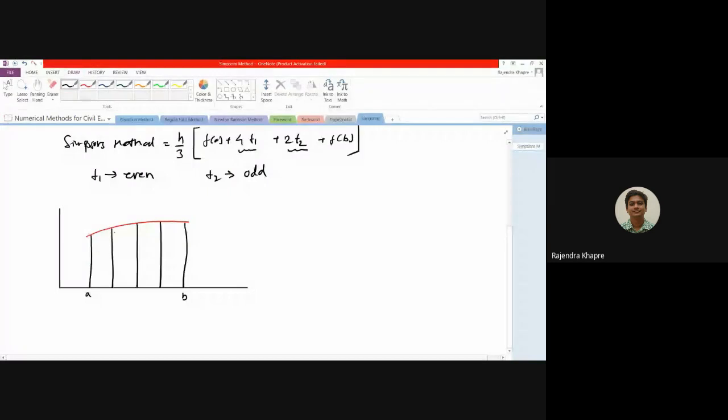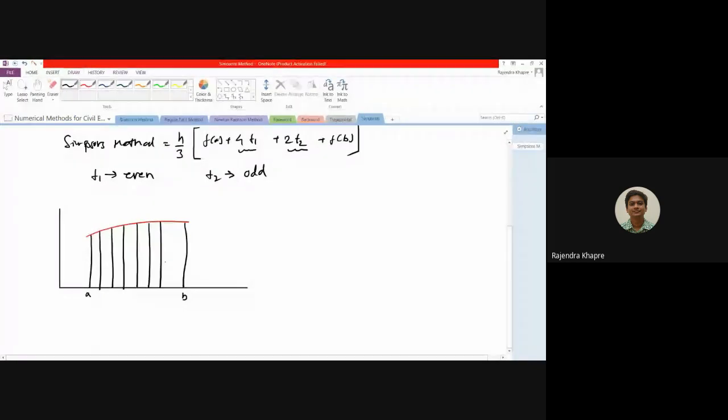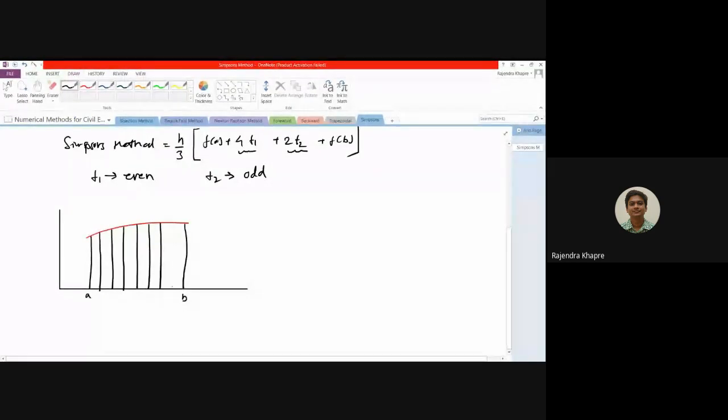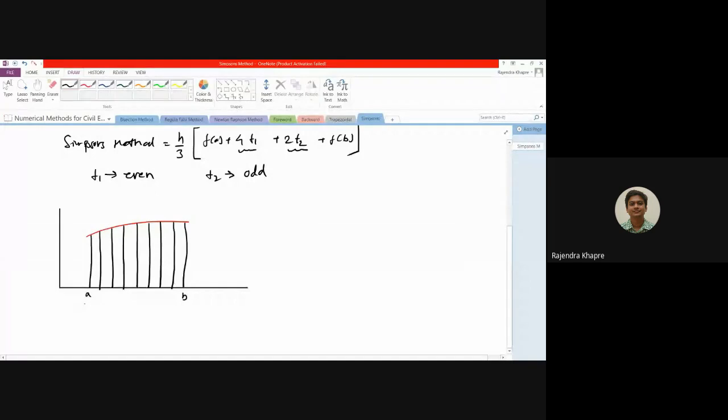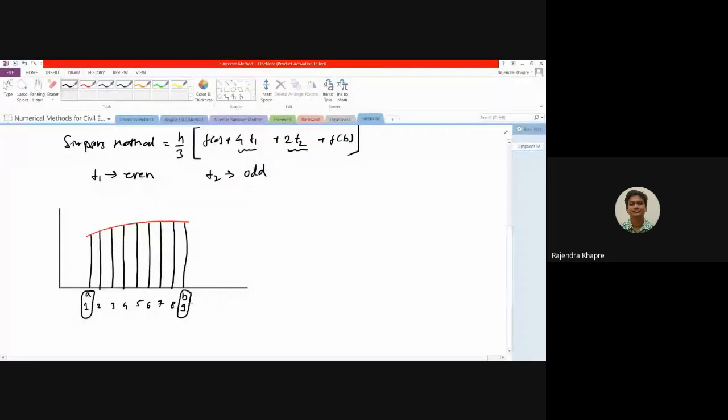Let us go for even further intervals in between. So now you have these many intervals. Let us call these points 1, 2, 3, 4, 5, 6, 7, 8, and 9. So there are 9 sections from A to B, where A and 1 have the same point, and B and 9 have the same point.